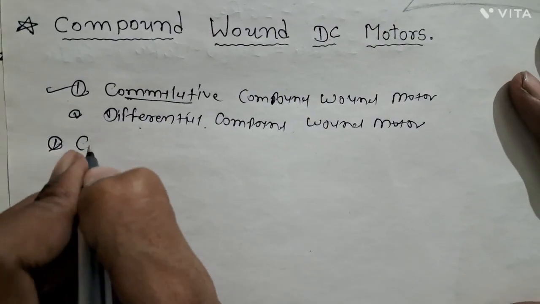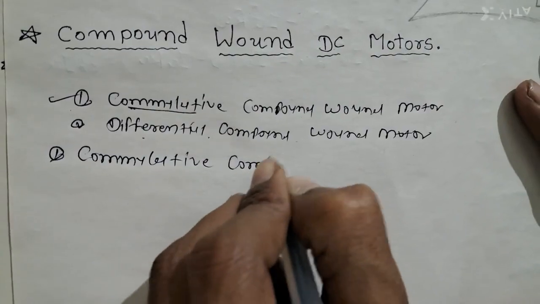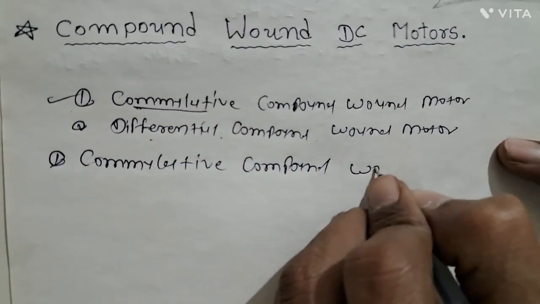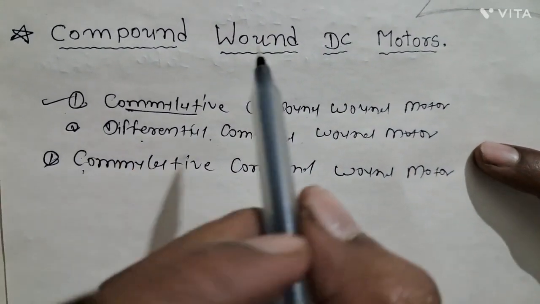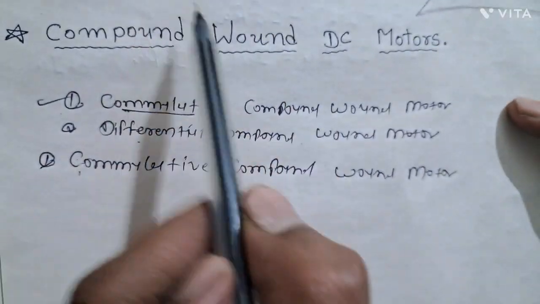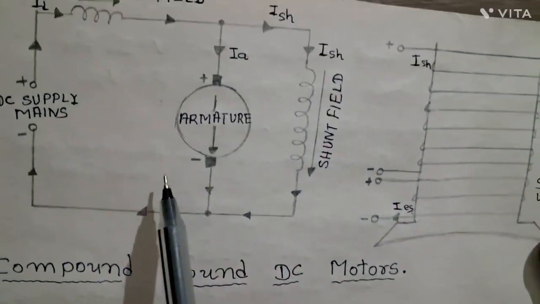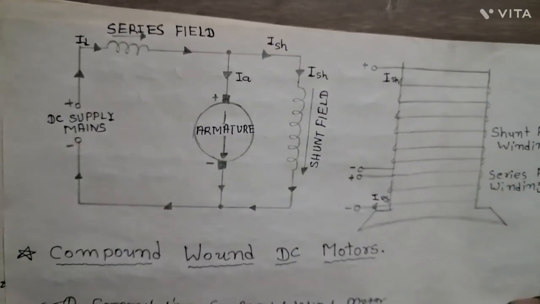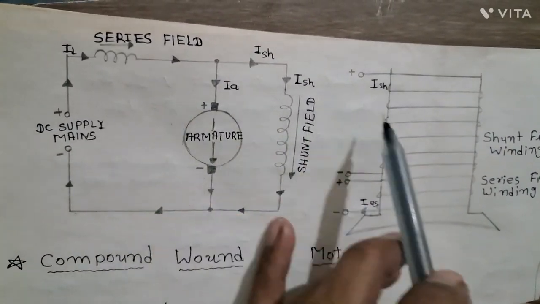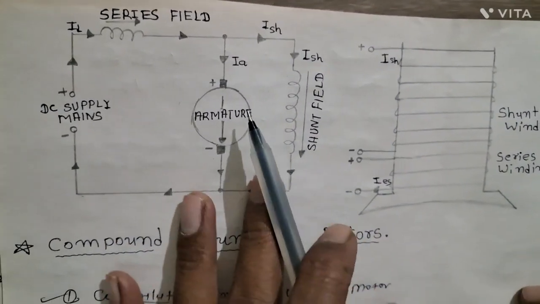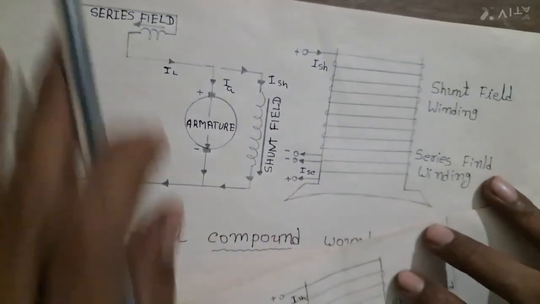I will write this again: cumulative compound wound motor. In this figure, this is the cumulative compound wound motor, and this is the differential compound wound motor.